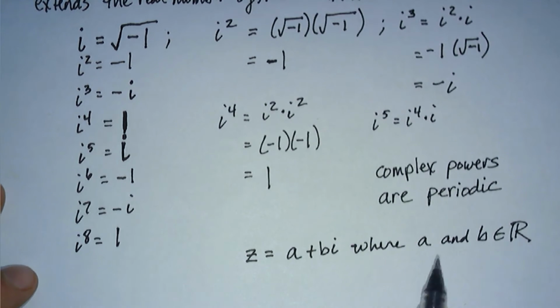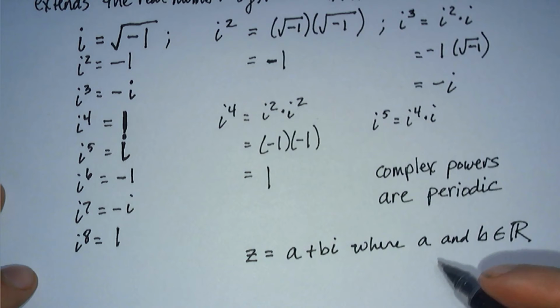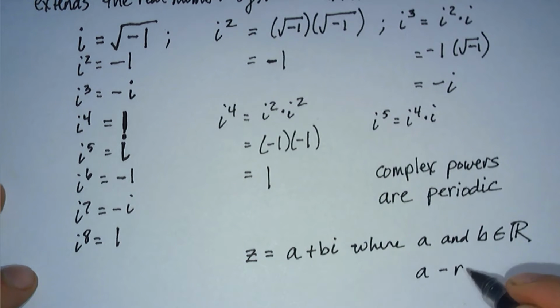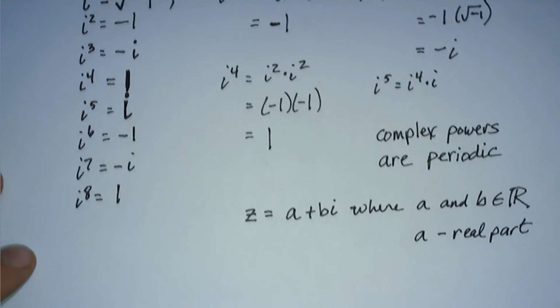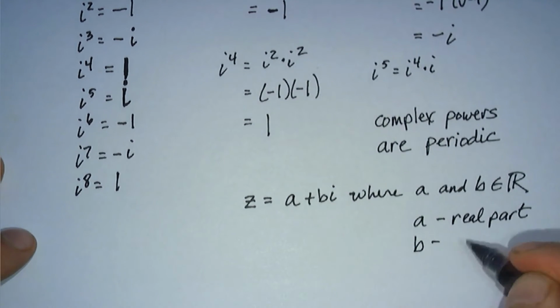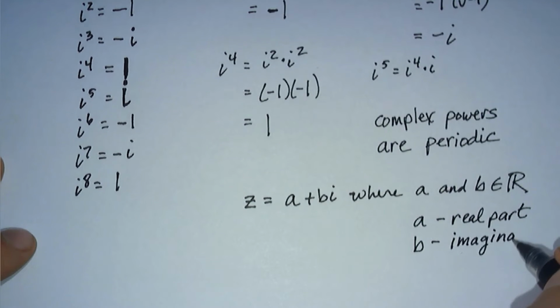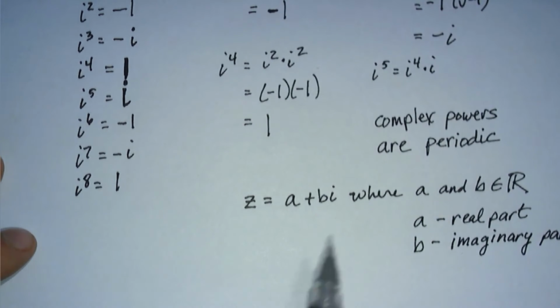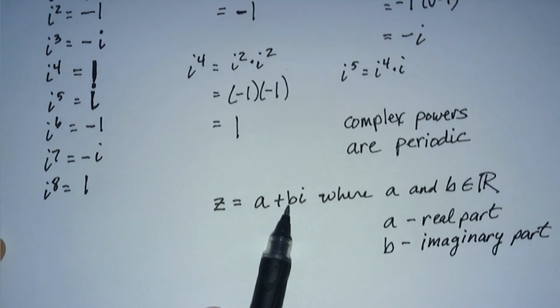So a and b are real numbers. And we call a the real part. a is the real part, and b is the imaginary part. Not bi, b. So the coefficient of the i is the imaginary part.